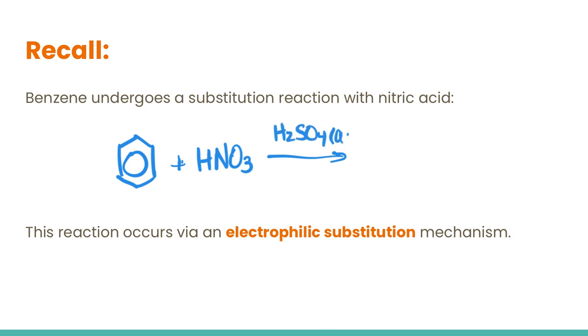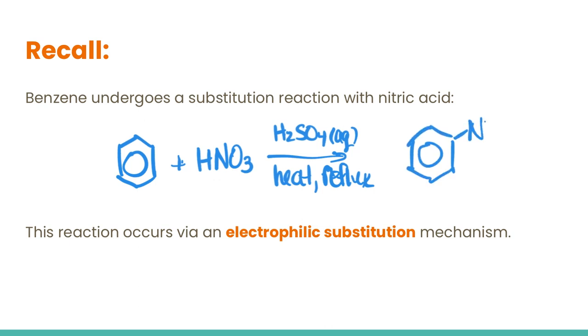So really concentrated sulfuric acid, as well as heat and reflux. And that is going to create our nitrobenzene. So NO2 here, as well as water as our other product.